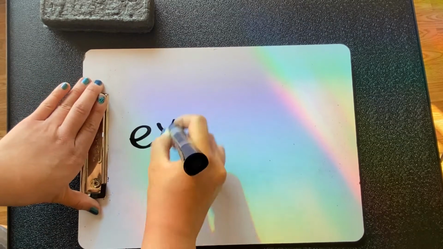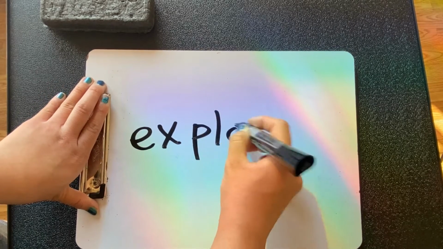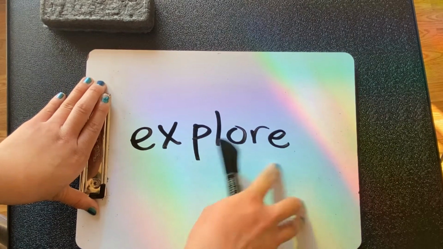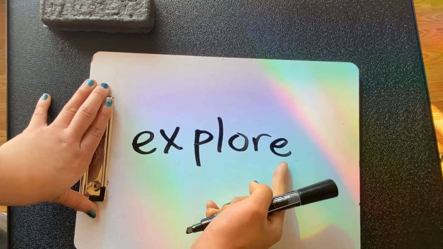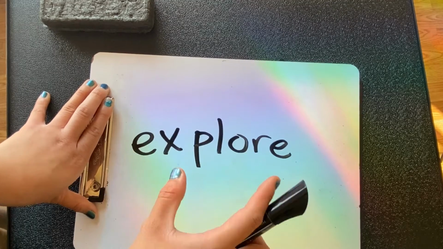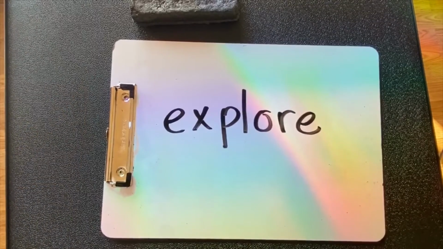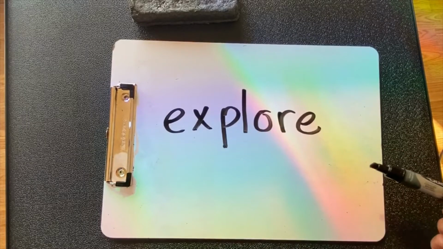Ready? Read, X. Read, floor. And remember, my friends, I know that there's a final E here, but we also have our OR sound here, and we know that OR gives us the OR sound. Try for the real word, explore.